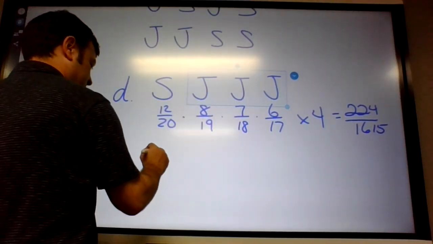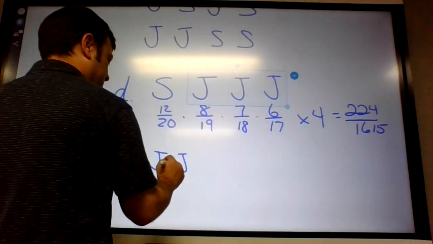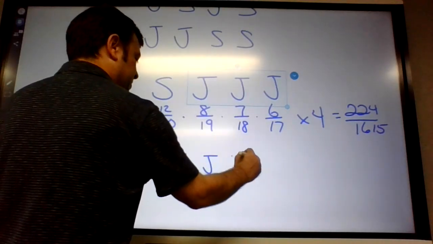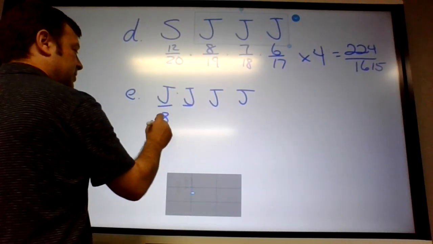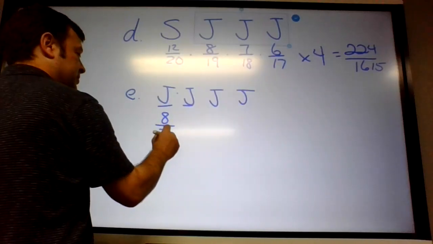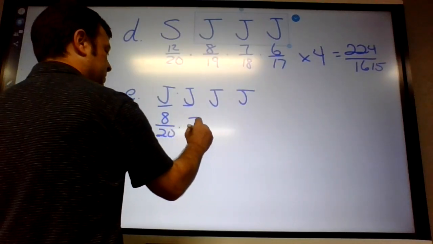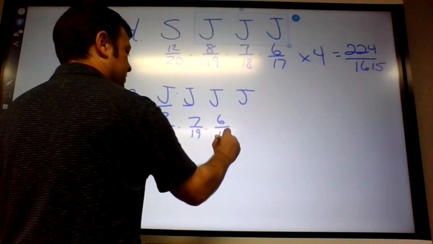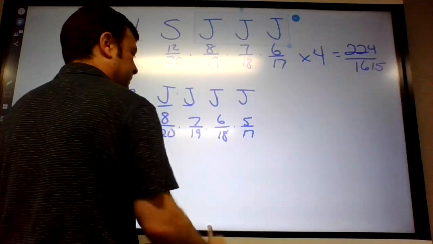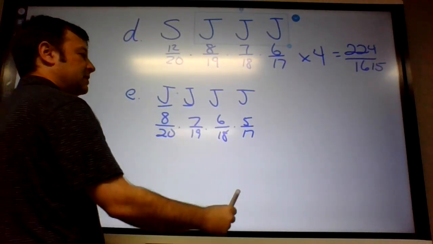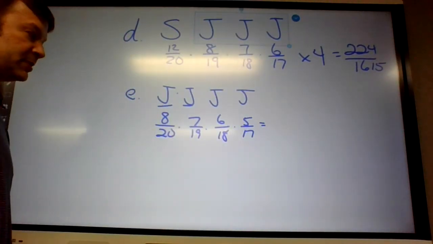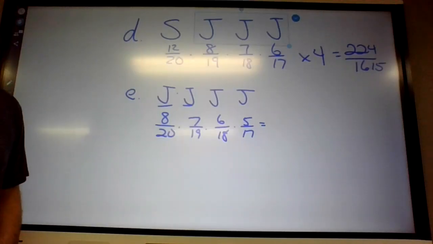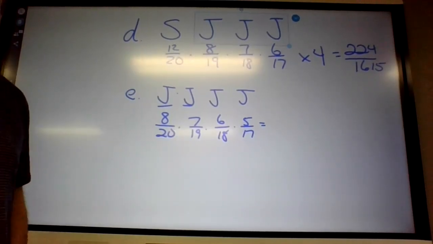It would just be junior, junior, junior, junior. So there's only one way this could happen. So it'll be 8 and 20, 7 and 19, 6 and 18, 5 and 17. We don't have to multiply by 4 or anything. There's only one way that could happen. All right. And 14 and 969.